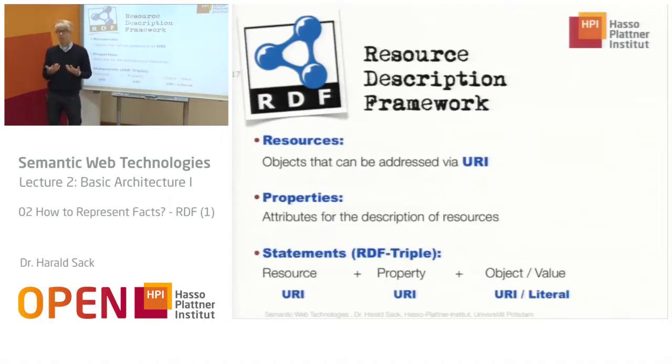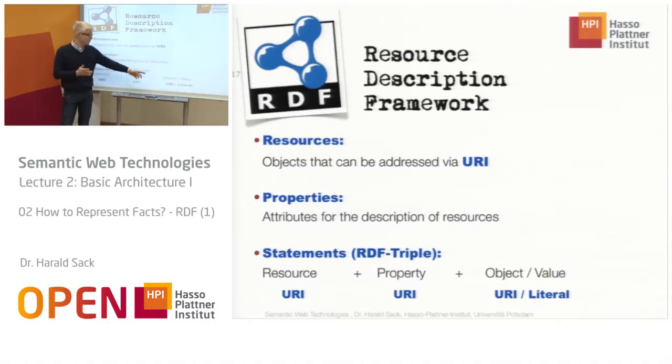So we are talking about resources. Subject and object can be resources, and these can be addressed via URIs. And the property is nothing else than the attribute for the description of resources. This is also a URI, so we denote the property with a URI. And this property can have a value, and the value might be another resource, or if it's descriptive data, it can also be a string or simply characters.